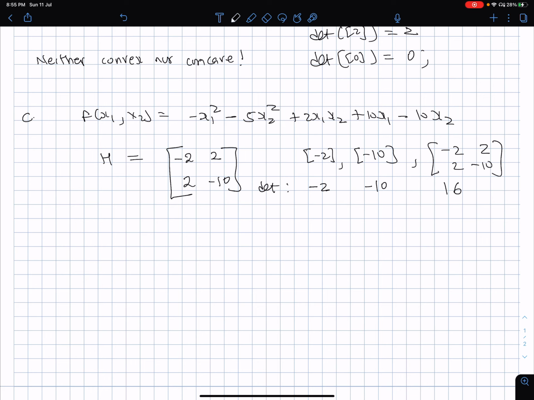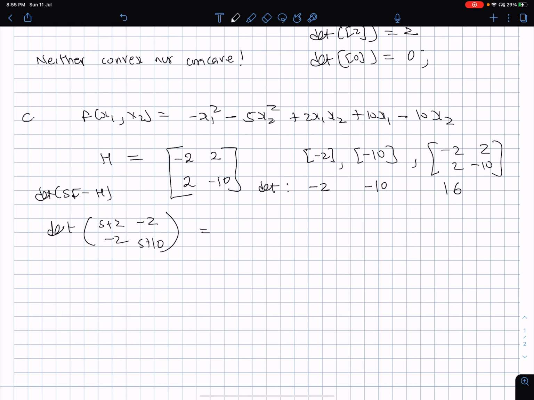So let's also do it the other way around, which is that let us also calculate the eigenvalues from the characteristic polynomial. So I will write the determinant of sI minus H, which is what I have to calculate. This will become s plus 2, this will become s plus 10, and the off-diagonals will become minus 2 and minus 2.